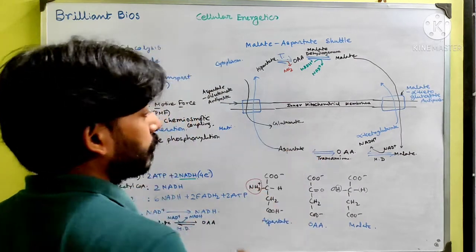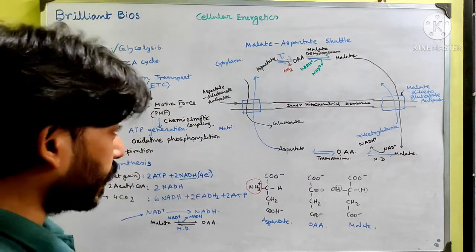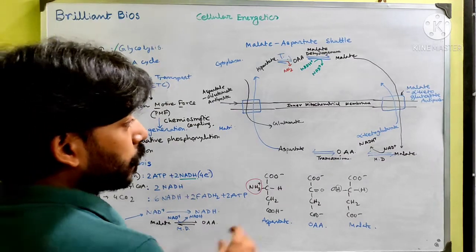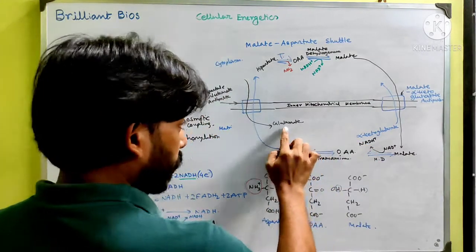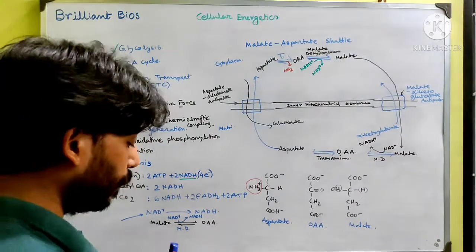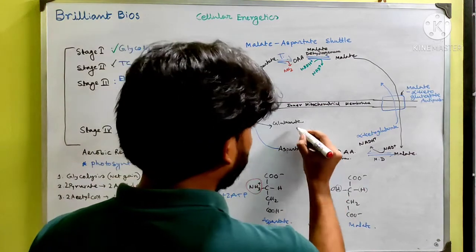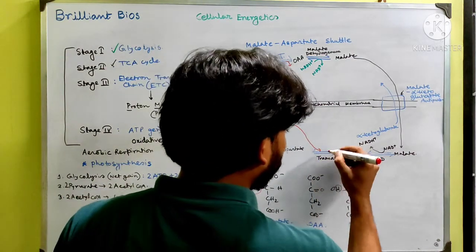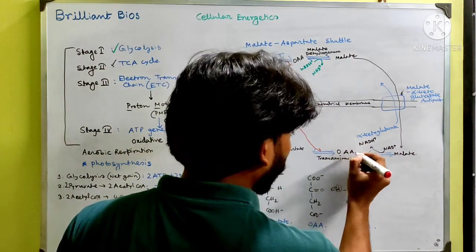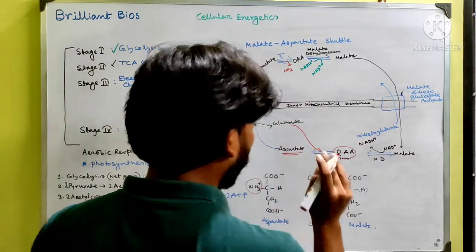And here a very important process occurs: this glutamate has an amino group that is exchanged with this oxaloacetic acid, and this oxaloacetic acid becomes the aspartate. You have to understand this.